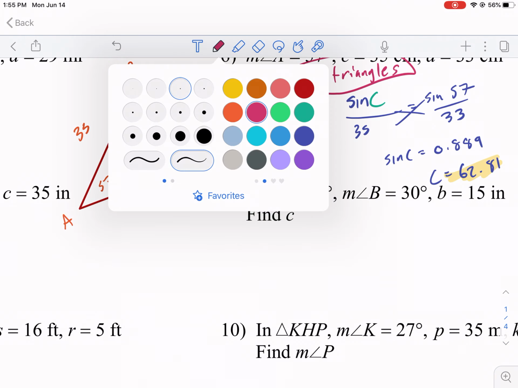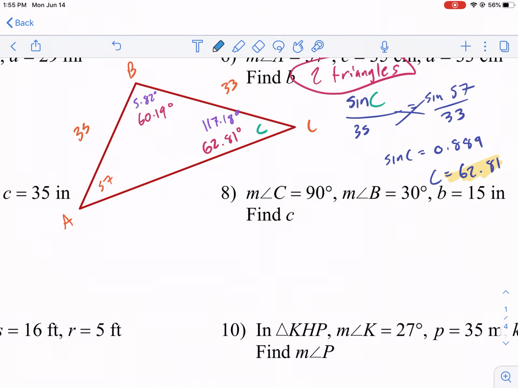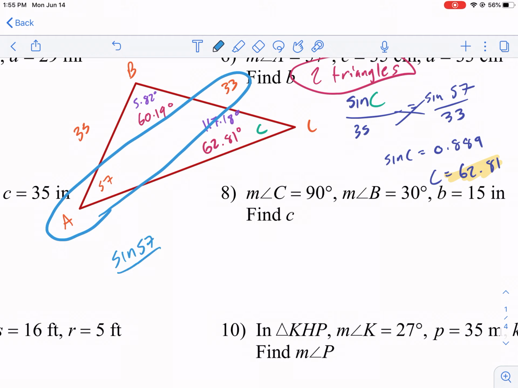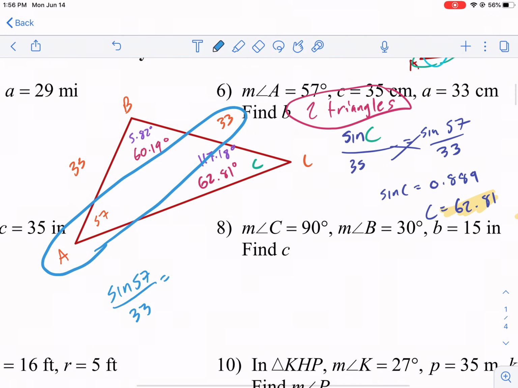Now, here's my suggestion. No matter what you're doing, okay, always use the one that doesn't have the decimals as one of your first law of sines proportions. So I'm going to say sine of 57 over 33. And I'm going to set that equal to, and now I'm going to choose purple first, sine 5.82 over my missing value. I'm asked to find b.